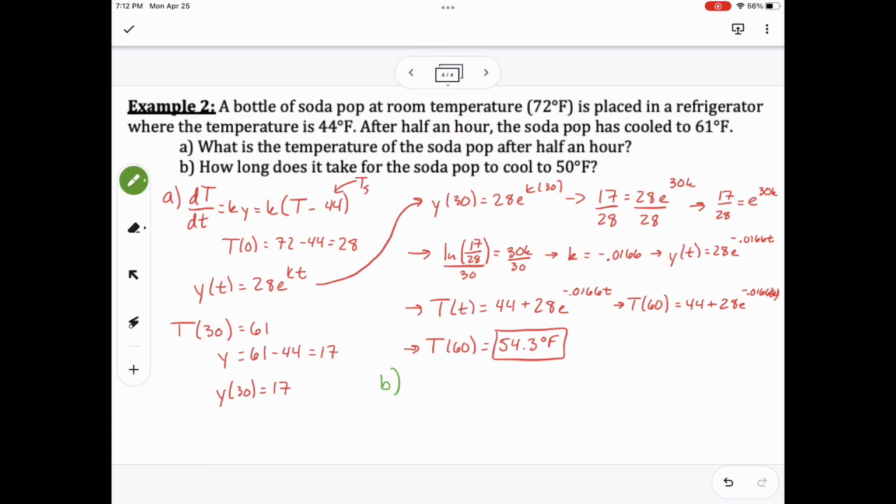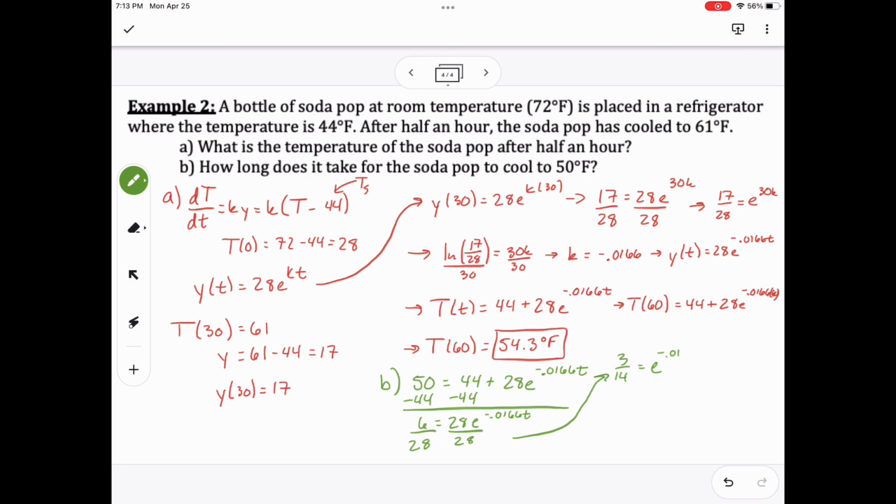When I plug in 60, I get 54.3 degrees Fahrenheit. If I got anything lower, it would be below that 44 mark, which wouldn't make sense, because we can't be colder than the surroundings. That's why the 44 is necessary, because that's where we're heading to, kind of like the horizontal asymptote for an exponential function.